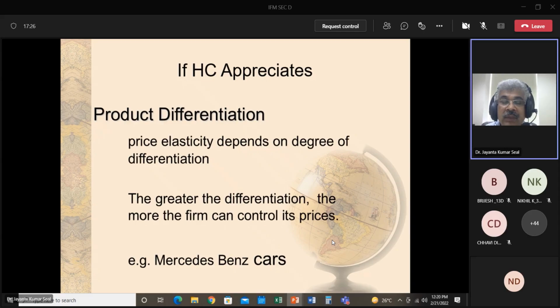So these companies which are unique, like say Ferrari, are all unique products. So they can, even if their currency appreciates, increase the price and maintain the same amount of profit and also the market share, by saying that their product is different from the others.